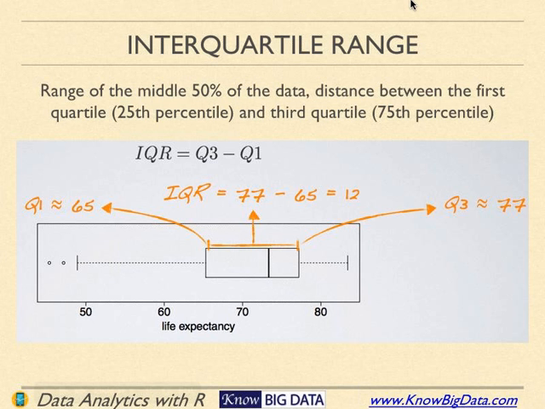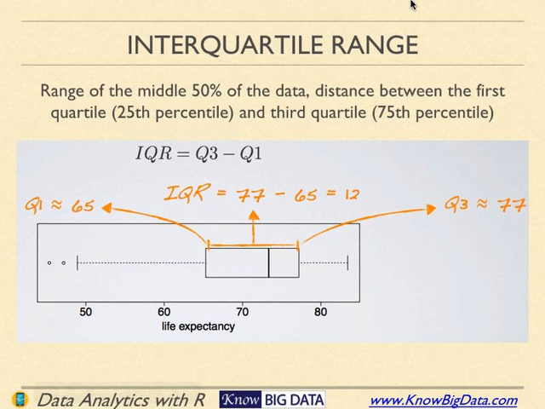For a person whose life expectancy is 50, we put one dot, for 51 one dot, 52 one dot, and so on up to 100.